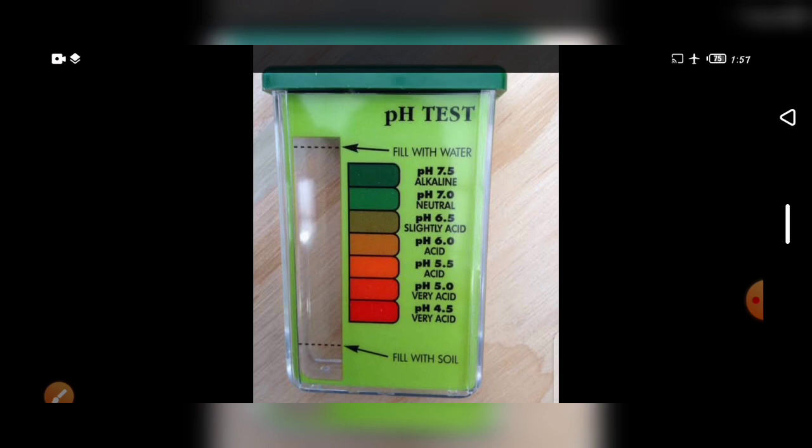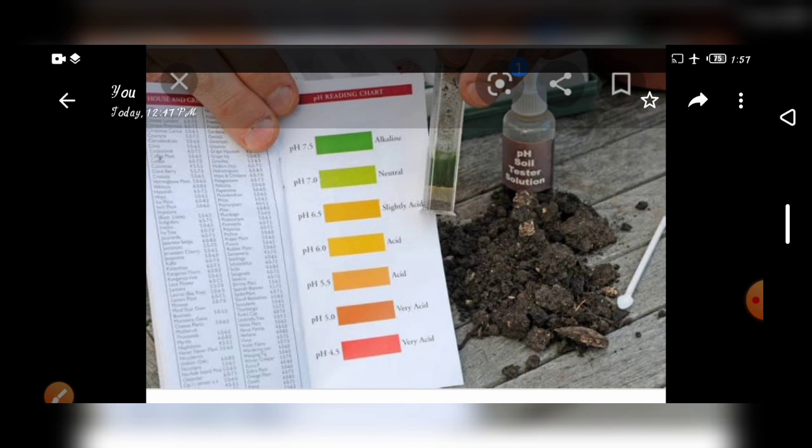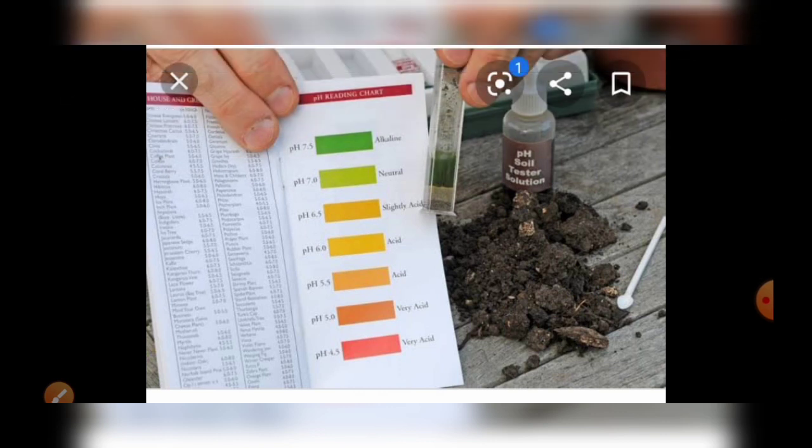See here, in testing the soil, they dissolve the soil in water and dip the pH paper or pH soil tester solution. It makes a color. From that color, we have to identify whether the soil is neutral, slightly acidic, acid, or base. Then we have to change the soil by using some fertilizers.